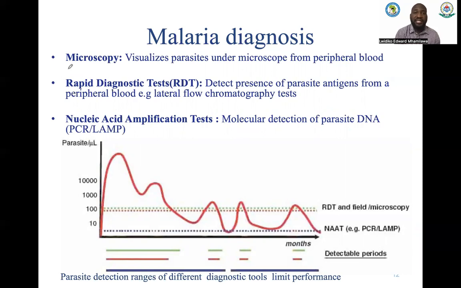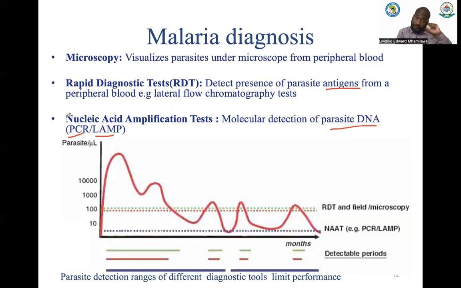In rapid diagnostic tests, however, you detect the presence of parasite antigens using lateral flow chromatography tests. And using nucleic acid amplification tests, you're looking at molecular detection of parasite DNA using things like polymerase chain reaction or loop-mediated isothermal amplification. These are some of the tools.